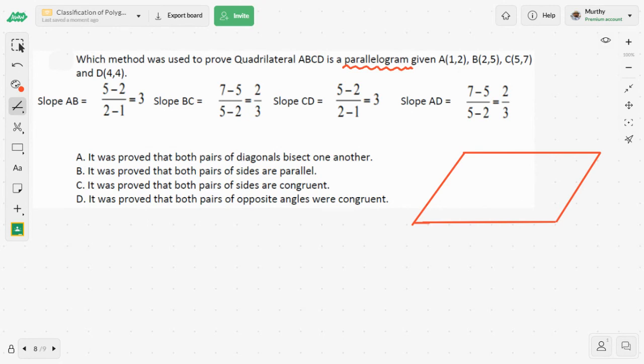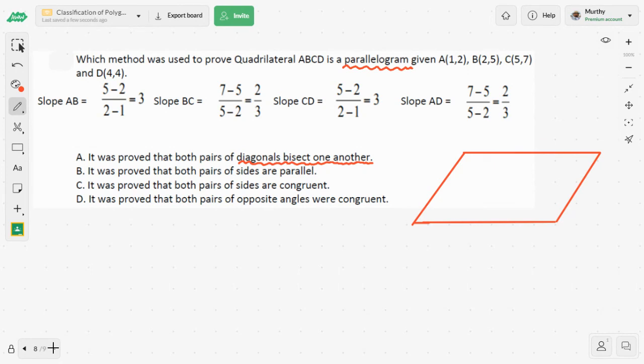Now let's see by properties. It was proved that both pairs of diagonals bisect one another. Earlier I also told you that all the properties of a parallelogram are obeyed by a square, rhombus, and rectangle too.